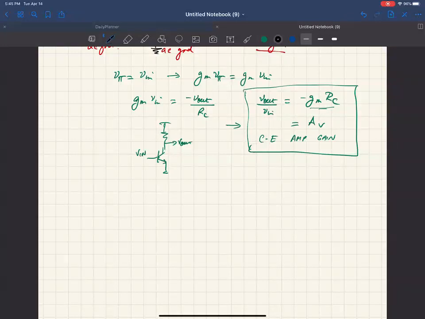If we want to add this discussion, let's say we have this circuit. For the sake of discussion, say ours is an example.